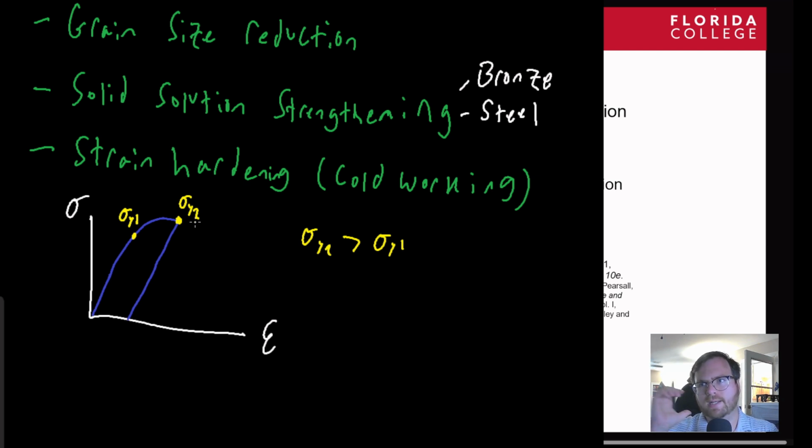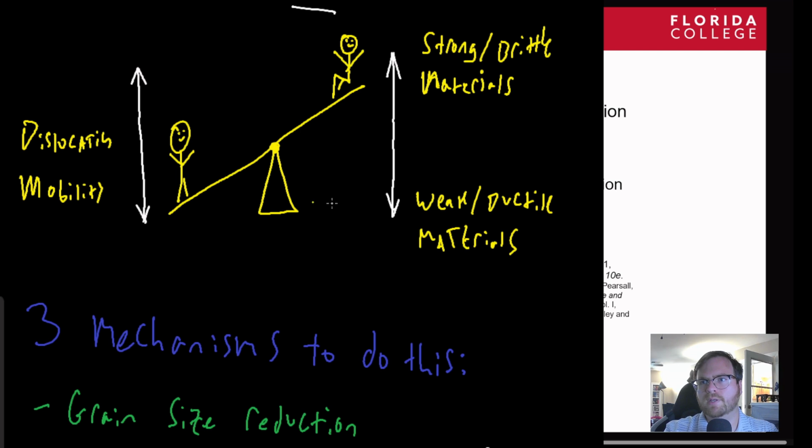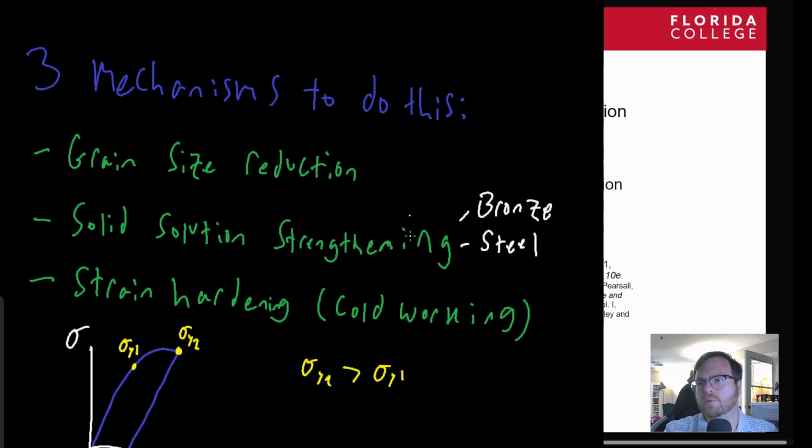We are actively stressing it beyond its original yield strain. And then we're relaxing it and allowing the material to have a larger yield stress as a result of that, and that's called strain hardening, and that is another way to increase our strength and brittleness.